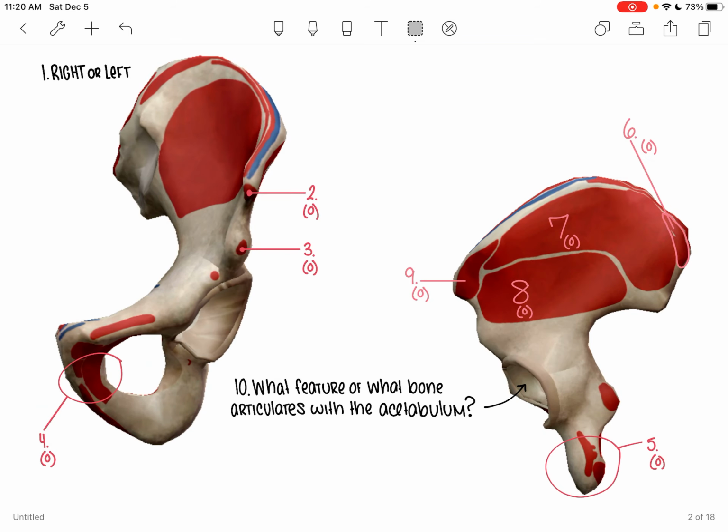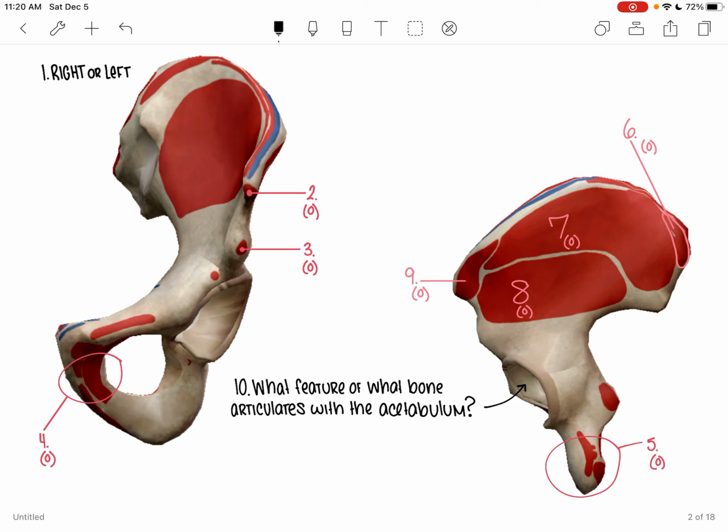First is going to be the os coxa. We have 10 questions here. The first one is just right and left determination of this bone, so it's the same bone, just at different views. Then we have some origins. All of these are in red indicating origin, but each also has an O underneath to indicate that you're being asked to identify the origin, what muscle originates at that place.